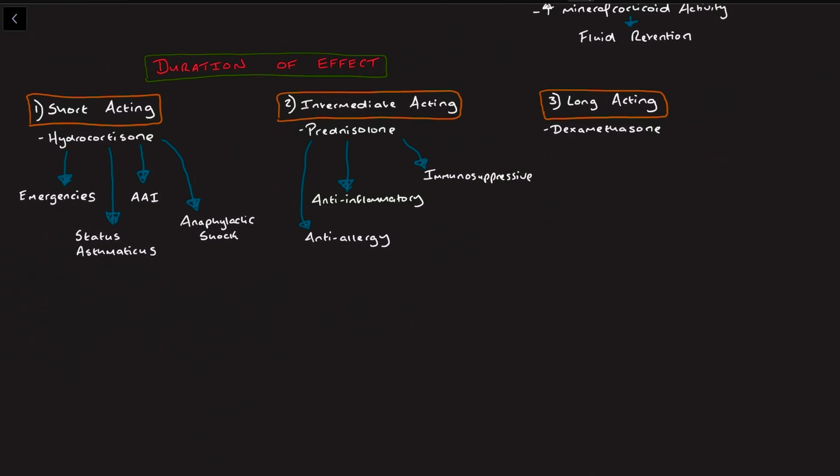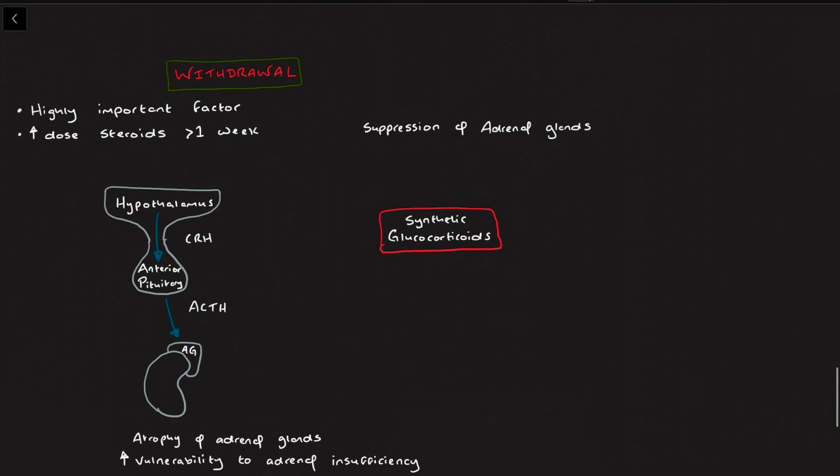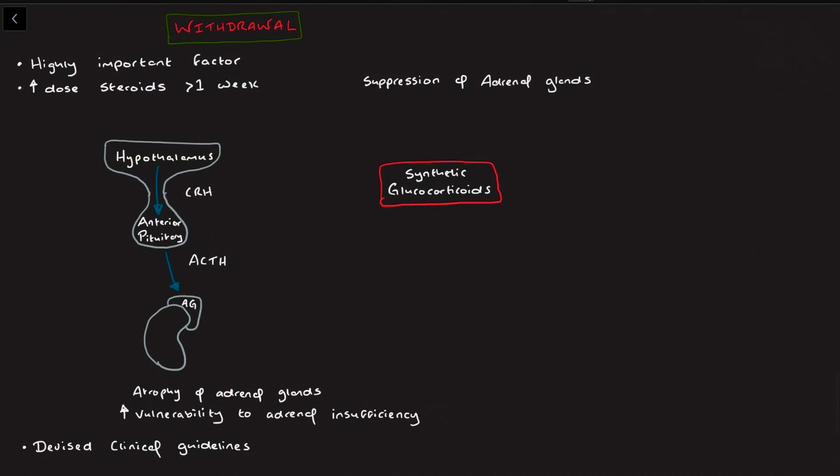The withdrawal of steroids is a highly important factor as well to consider when prescribing to patients. The reason being is because the use of high-dose steroids for more than a week begins to produce suppression of the patient's adrenal glands. The exogenous glucocorticoids suppress the hypothalamic corticotropin releasing hormone and pituitary, along with the pituitary adrenocorticotropic hormone.